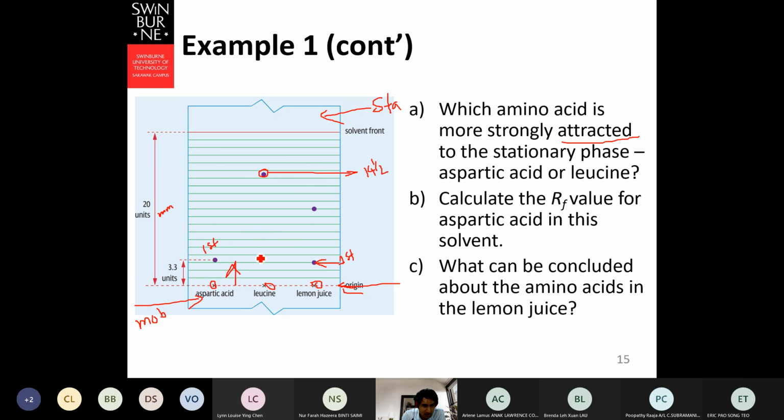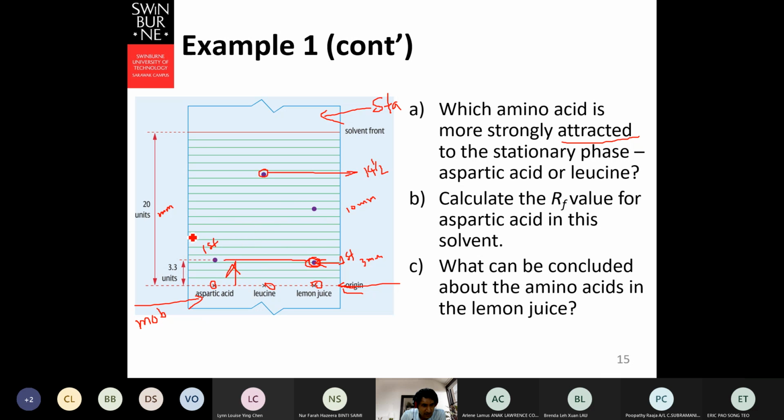For lemon juice, it has two spots. One we find at 3 millimeters. Another one we find at 1, 2, 3, 4, 5, 6, 7, 8, 9, 10. Okay, 10 or something, so maybe 10 millimeters. Aspartic acid is also at 3 units, 3.3 or 3.2, 3.1. And for lemon juice, I got one around 3.